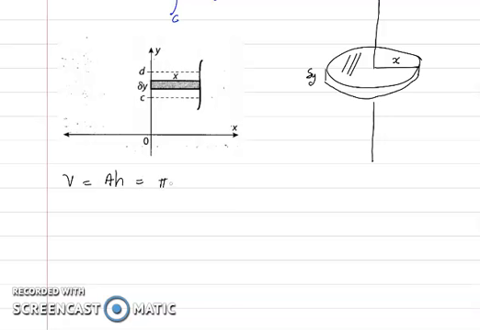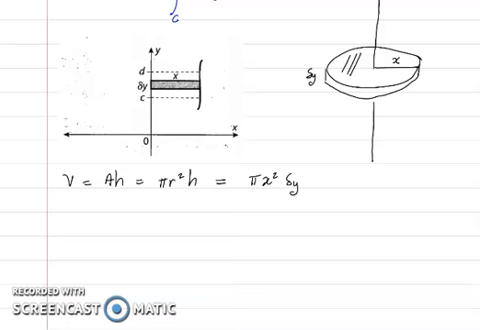So that's pi r squared h. Now, the radius of the cylinder that is generated is x, and the thickness or height is delta y. So the volume V is actually equal to pi x squared delta y.